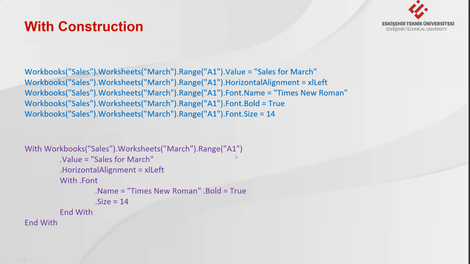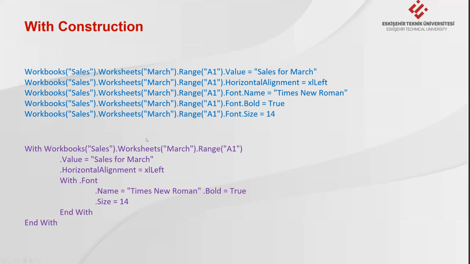So you say With Workbooks Sales, Worksheets March and Range A1, and again the indentation is good to write, and you just say the rest of the With line in here.